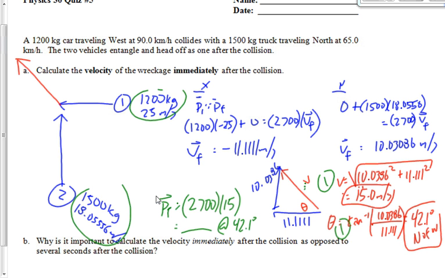Another question I could have asked you. What's the initial momentum of this system? Who's got that one? What do we get, by the way, when we multiply 2,700 times 15? Let's put an answer down there. So my final momentum would be 40,500. What's my initial momentum?